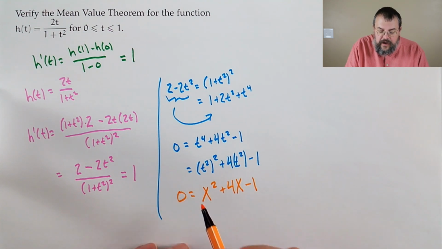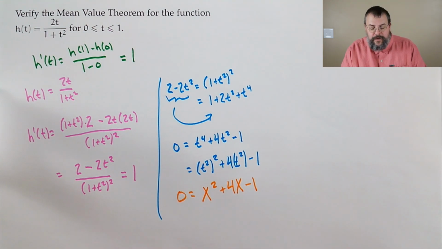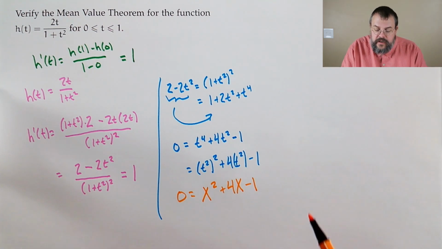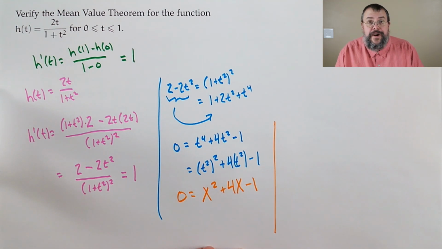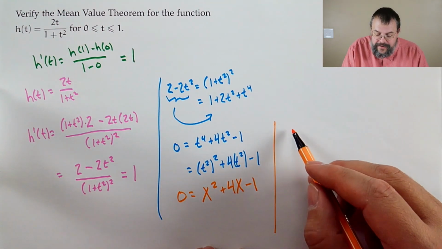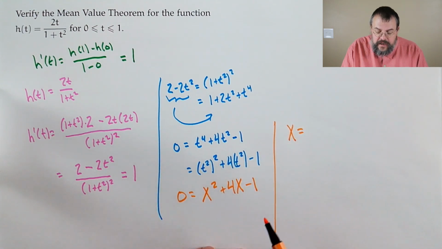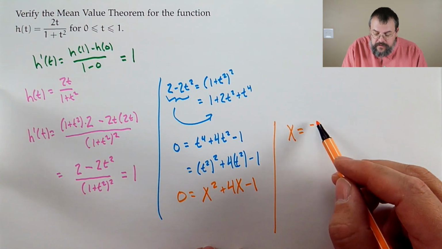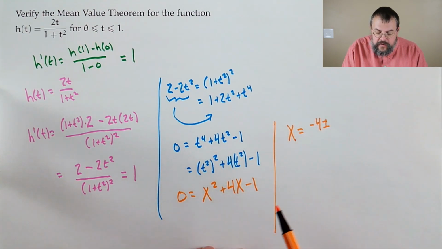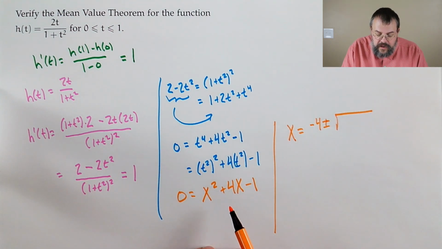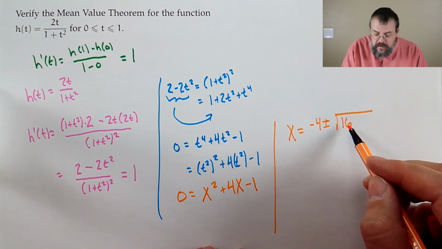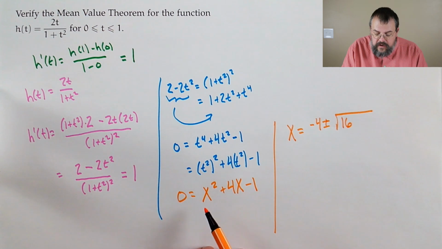All right, now I have something I can work with. I have this quadratic. Okay, so quadratic formula. All right, well, that seems not so bad. We've done that before, right? So the value for x would be negative b, which is negative 4, plus or minus the square root of, well, what? b squared. So that would be 16 minus 4ac.